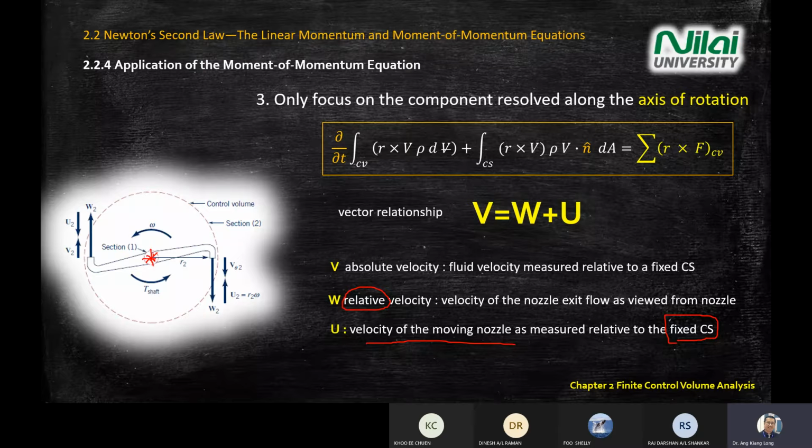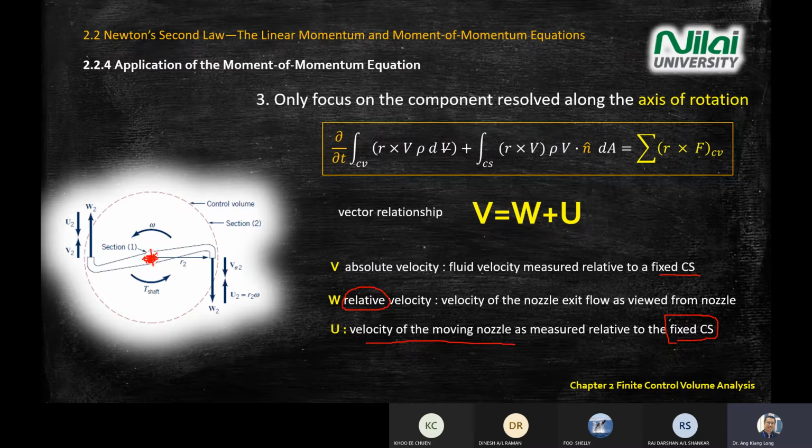If you stand here, at the red color zone, and look at the spray of water from the sprinkler head, you see the speed of the flow relative to your position, which is called W. So W is what you see from your position at the center or at your reference axis. In the textbook we call it the fixed coordinate system, CS.